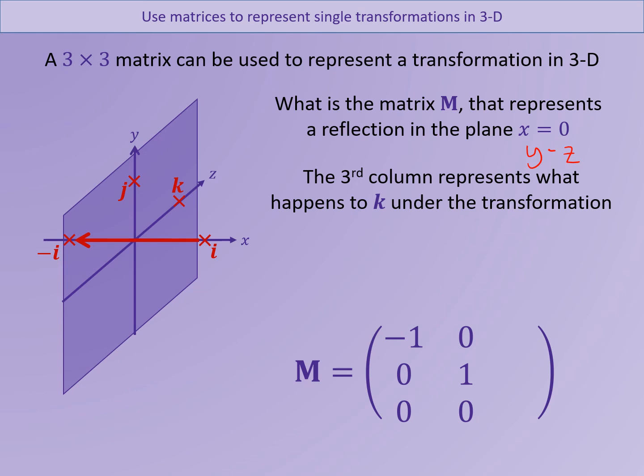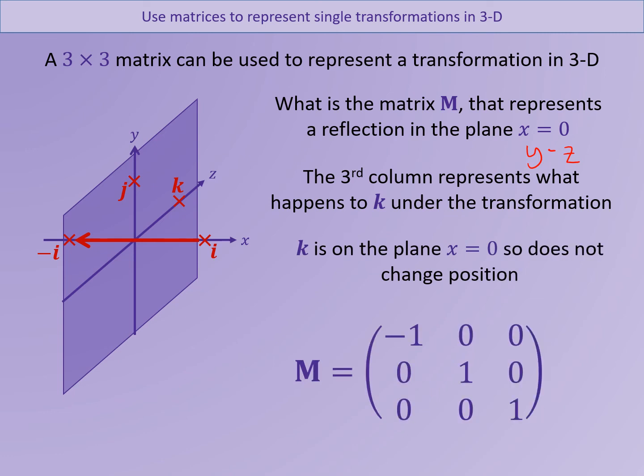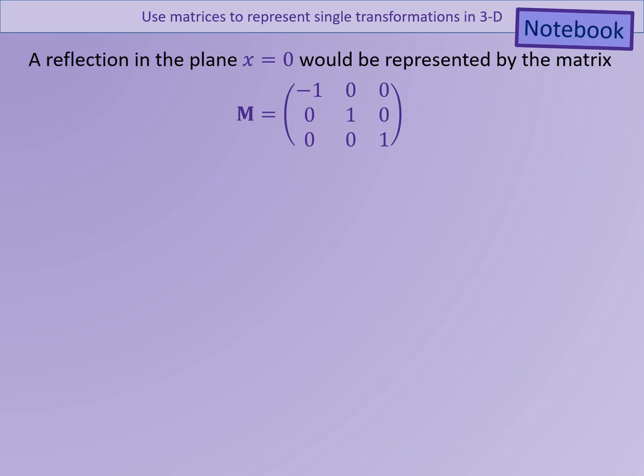Notice how this is also on the plane x equals 0 and therefore remains unchanged under the transformation, and therefore is mapped to 0, 0, 1. And so the matrix that represents a reflection in the plane x equals 0 is given by this matrix here, matrix M. So for your notebook, a reflection in the plane x equals 0 is represented by matrix M.